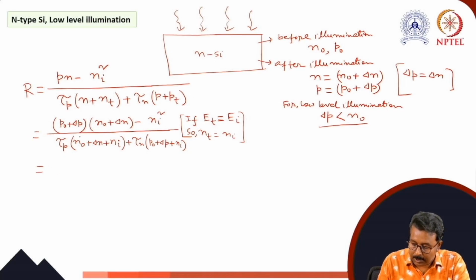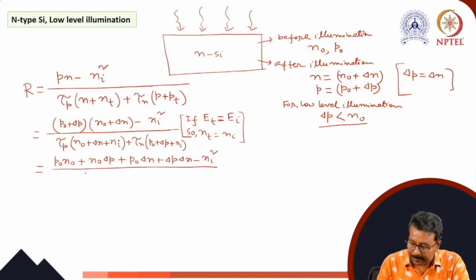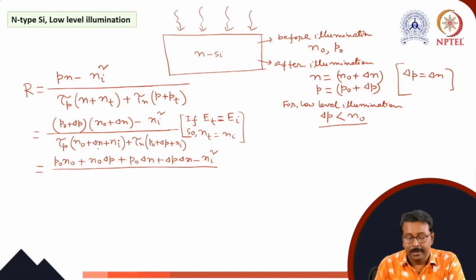Is equal to, say, P0 N0 plus N0 delta P plus P0 delta N plus delta P delta N minus Ni square, divided by tau P into (N0 plus delta N)... you see delta N and N0.